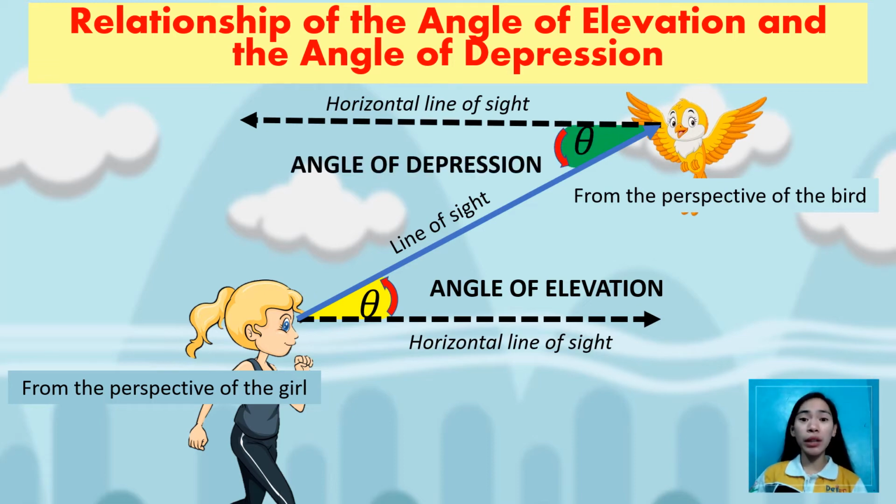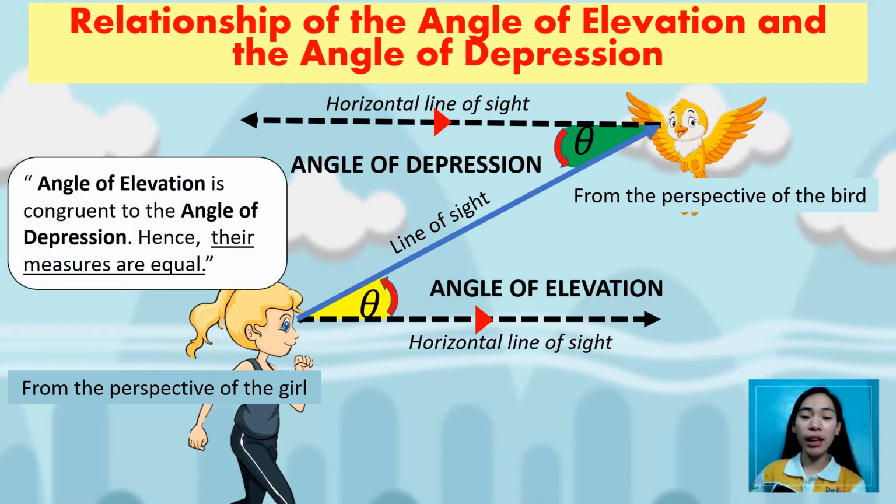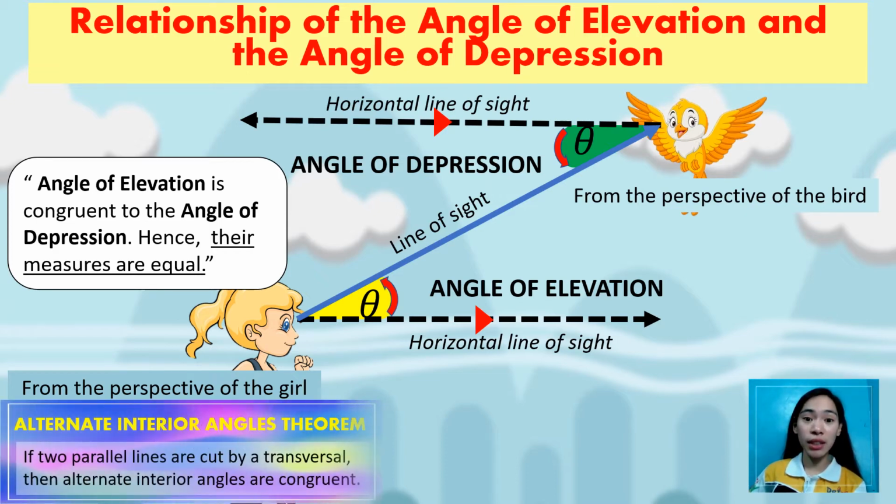So, how are we going to relate the angle of elevation and angle of depression in this instance? Take note that the horizontal lines of sight made by the girl and from the perspective of the bird are parallel. Therefore, we can say that the angle of depression represented by the green angle and the angle of elevation represented by the yellow angle are congruent, because the line of sight serves as a transversal.